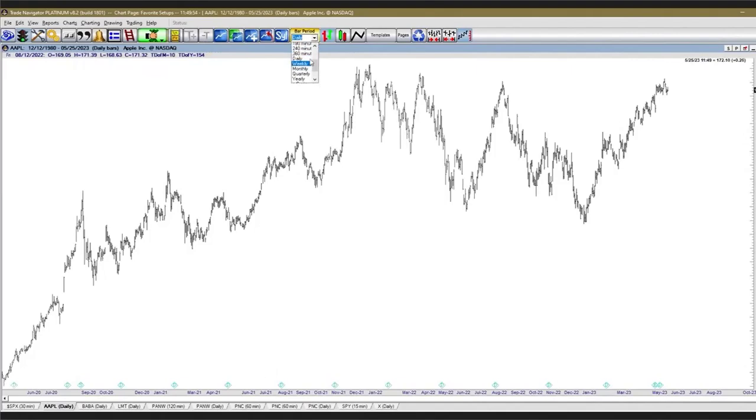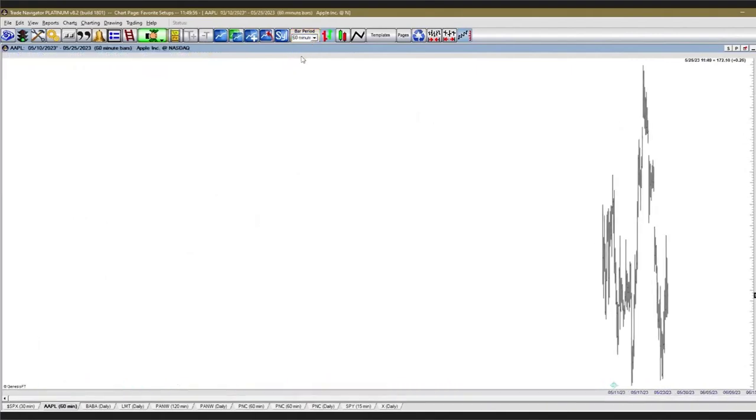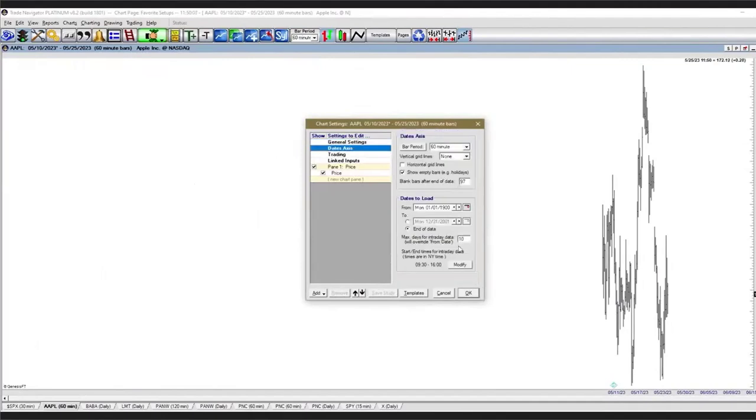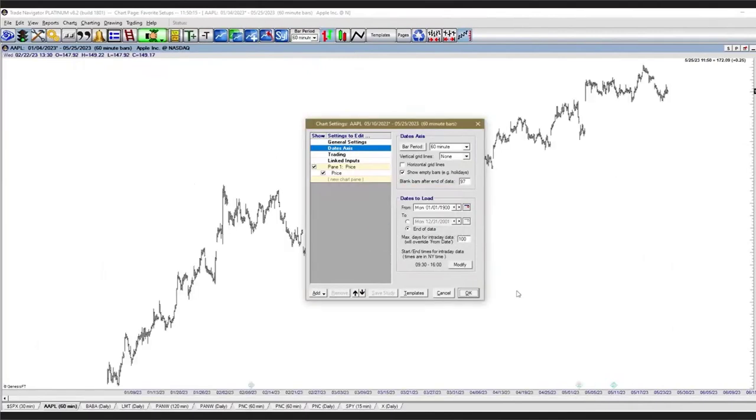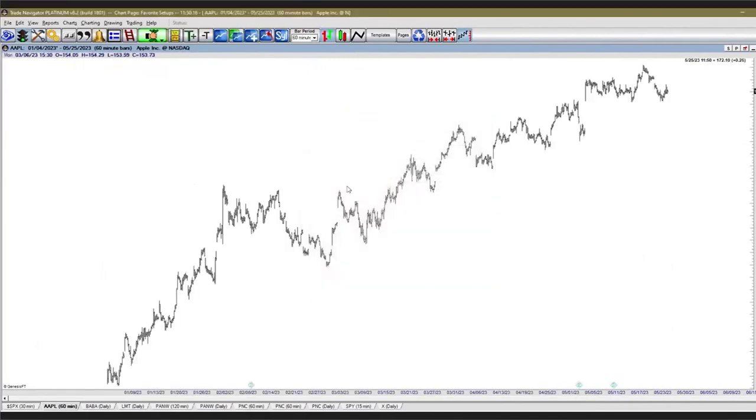Let's go to an intraday. I got to get more data on the chart here. Okay, so 1, 2, 3, 4, 1, 2, 1, 2, 3, 4, 5, 3, 4, 5. So it looks choppy and overlapping, but it's not.